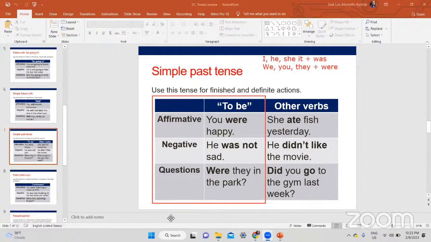We were not or weren't mad between us. It's enough actually if you only say mad, but if you want to clarify, you're going to say at each other. At each other. That's the idea in English. Good.